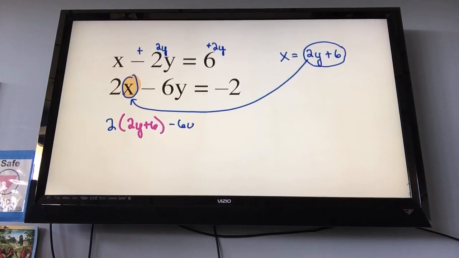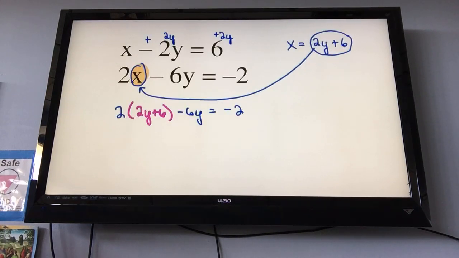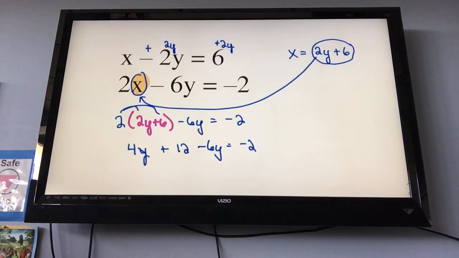Every other part stays the same. So I distribute 4y, 2 times 6 is 12, minus 6y equals -2.